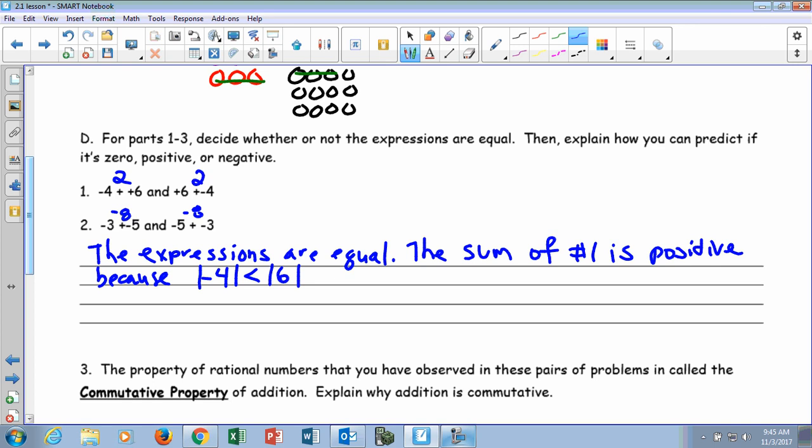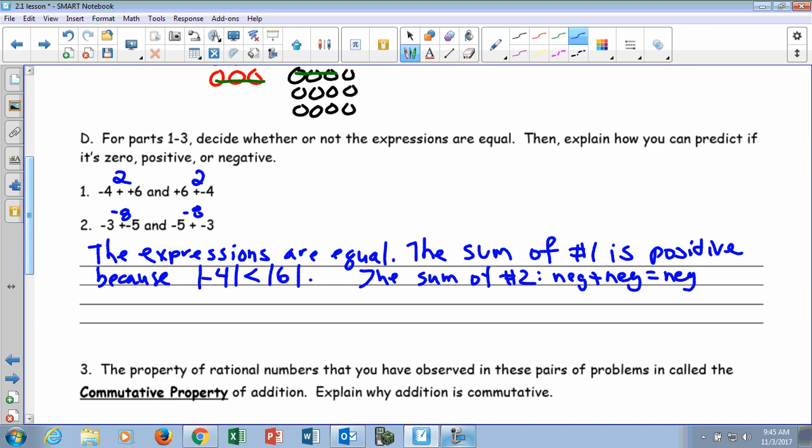And since 6 was positive, both answers were positive, right? In the second one, the sum of number 2, that was a negative plus a negative, right? And when you add a negative and a negative, you get a negative.